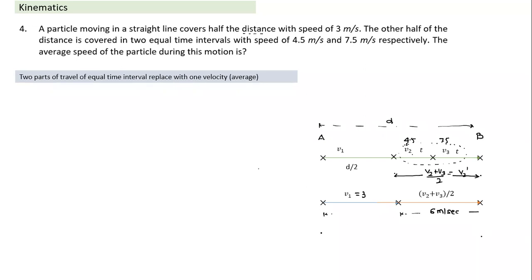What is the average for the entire distance? Either I can directly use the harmonic mean, or I can calculate: 2 into first velocity into second velocity, divided by 3 plus 6. Pretty simple. I think these kinds of questions are fairly simple ones.